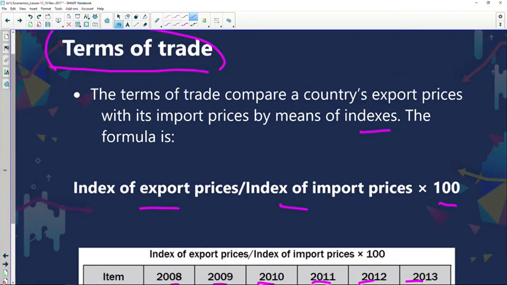So you need to know what the definition of the terms of trade is. It's when you compare a country's export prices with its import prices by means of using an index. And then also know the formula, that the formula is the index of export prices divided by the index of import prices, and you multiply that by 100, and then that will give you the answer in terms of the trade that has happened in a particular country.